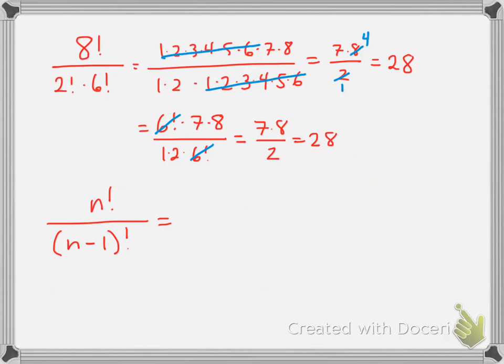So if I expand out n factorial, this would be the same as n minus 1 factorial times n divided by n minus 1 factorial. Those n minus 1 factorials reduce, and I'm left with just n. Now I could expand out the n minus 1 factorial as well, so 1 times 2 times 3 all the way to n minus 1, but that's writing I don't really want to have to deal with.